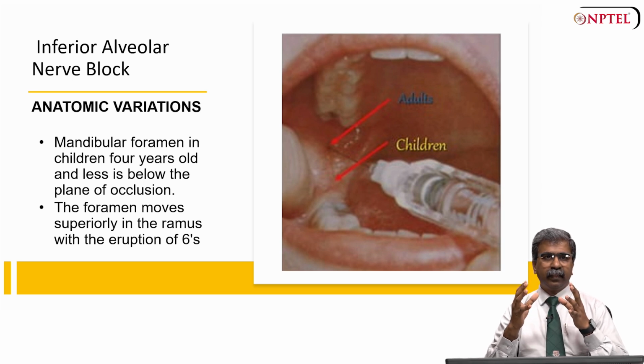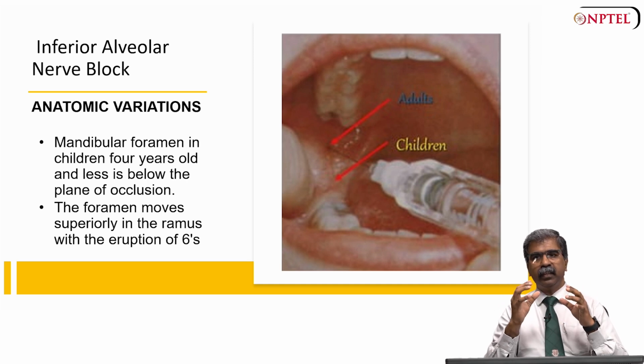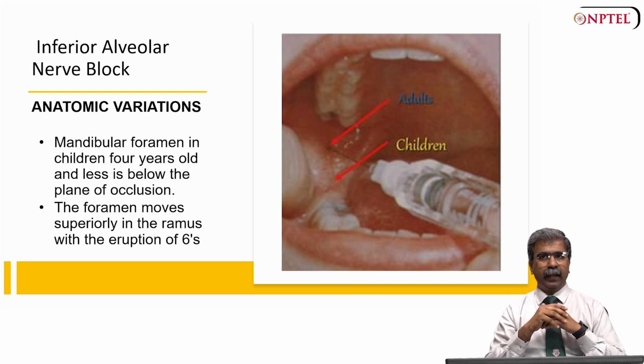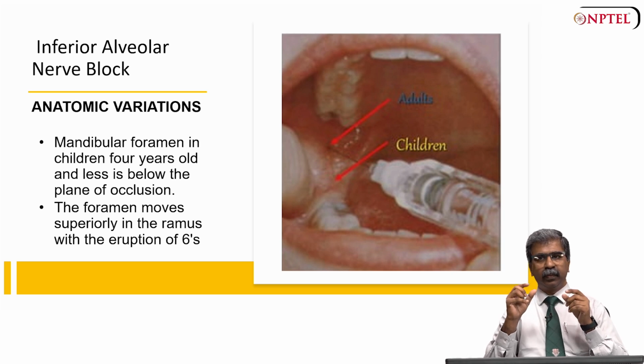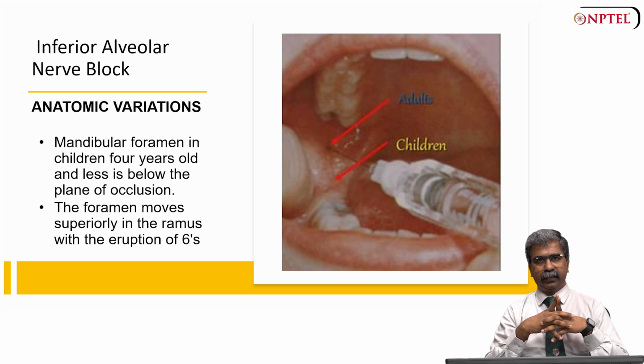In a child who's 4 years or younger, the mandibular foramen is typically located below the plane of occlusion. This means that the foramen is situated lower in relation to the occlusal surface of the teeth, which can affect the technique and the depth of the local anesthesia during dental procedures.